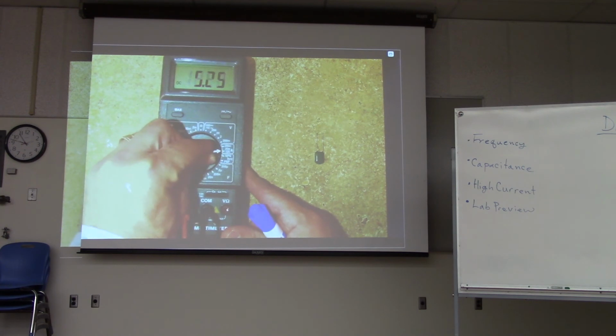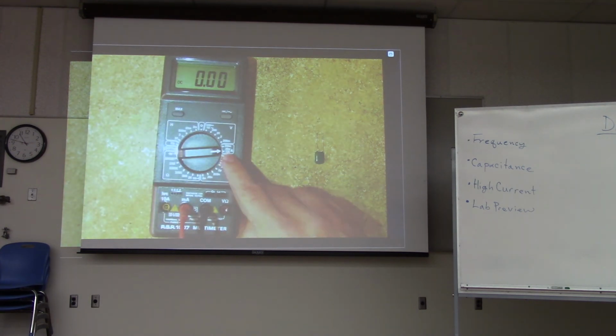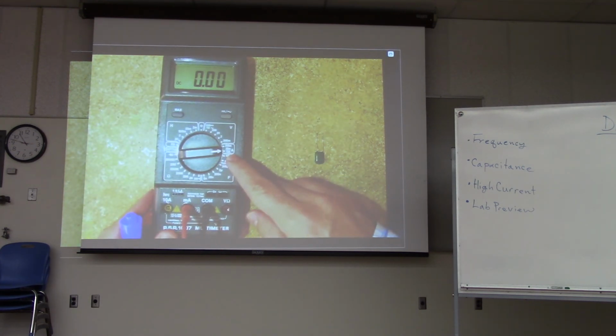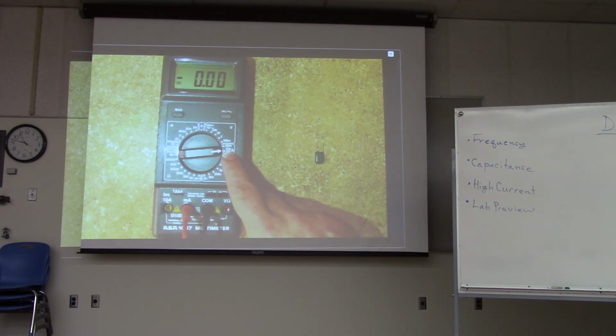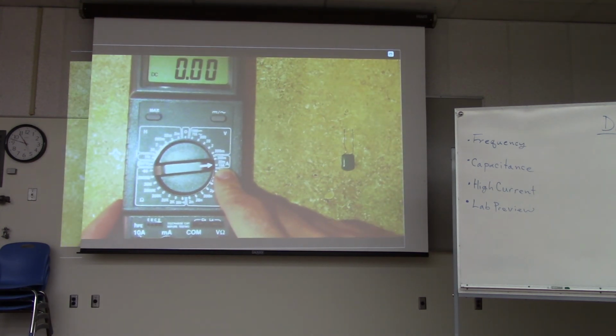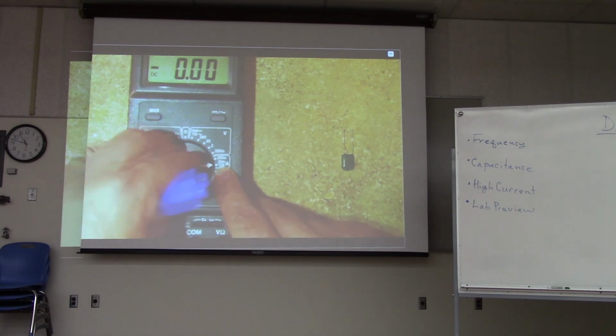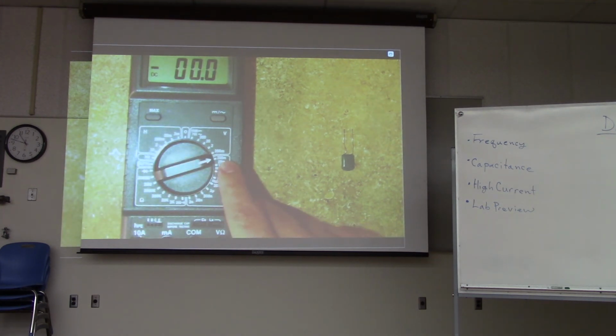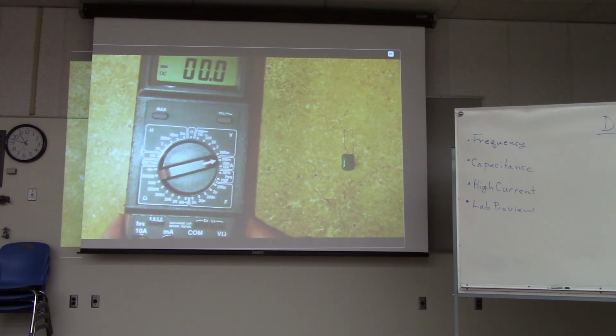When we do that, we can put the dial in one of two settings. We can put it here, and that's where it's marked 20 mA, so that can measure up to 20 milliamps. Or if we're measuring slightly more current, we could move it up to here where it says 200 m, to measure up to 200 milliamps, right?